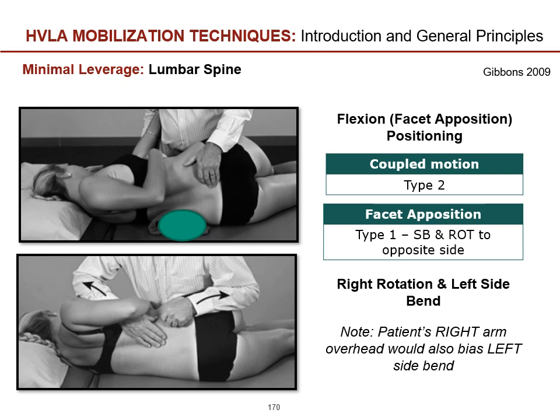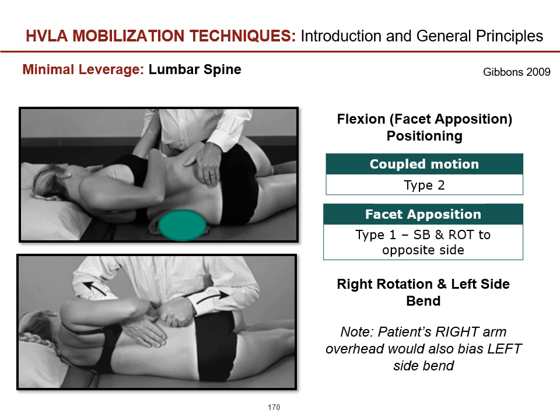The other alternative is you can see that the practitioner here is artificially inducing it with his forearms, and you can see the black arrows denoting that he's actually promoting that side bending position towards the left in order to introduce the appropriate facet opposition and create that minimal leveraging barrier.